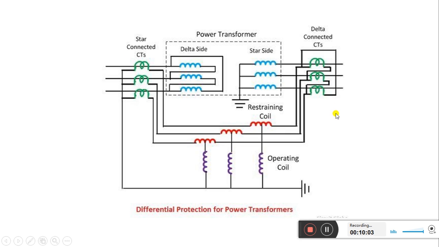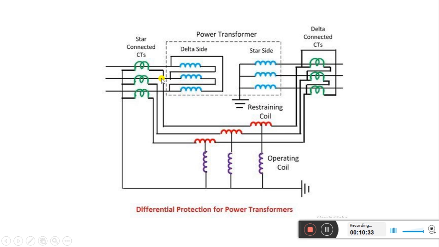So we must remember that in transformer protection, the delta connected side windings have star connected CTs, and the star connected winding side has delta connected CTs. This is usually done to have balanced voltage and balanced current at both sides of these CTs.